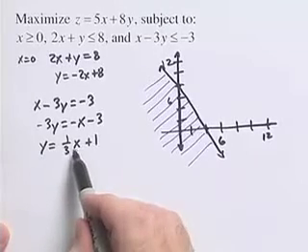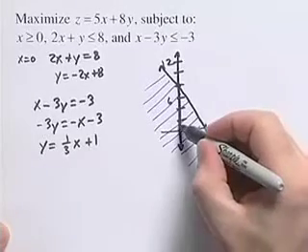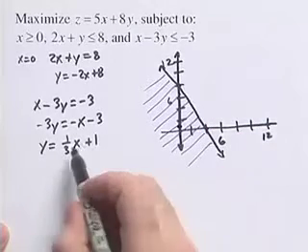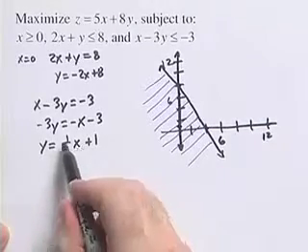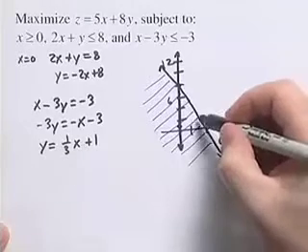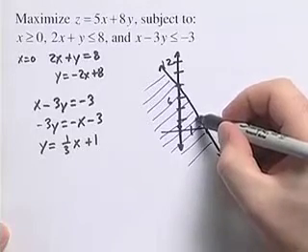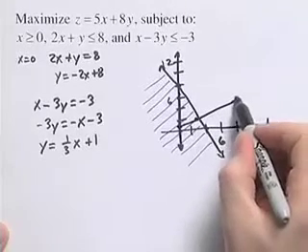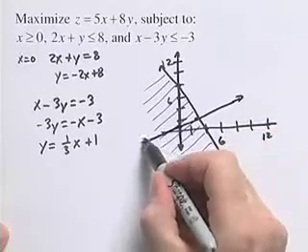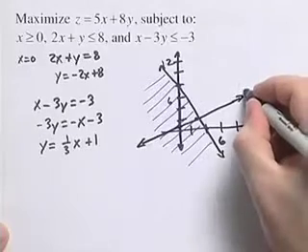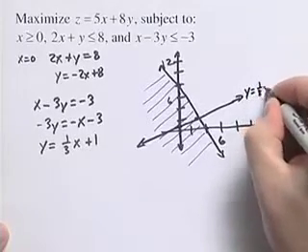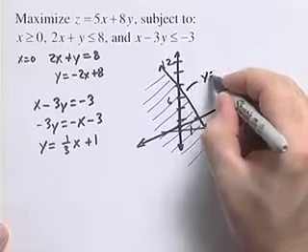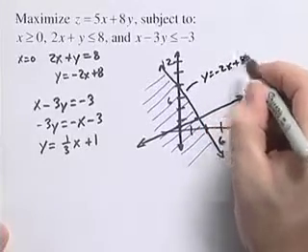If we let x equal 0, y is equal to 1. That'll put us right there. And if we let x equal 3, then y will equal 2. Go 3, 2. I'm going to go ahead and graph that. So here we have y is equal to 1/3 x plus 1. And this line is y equals negative 2x plus 8.